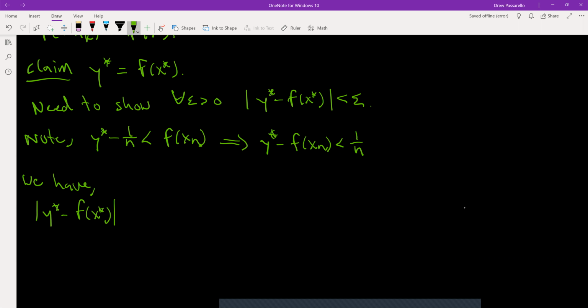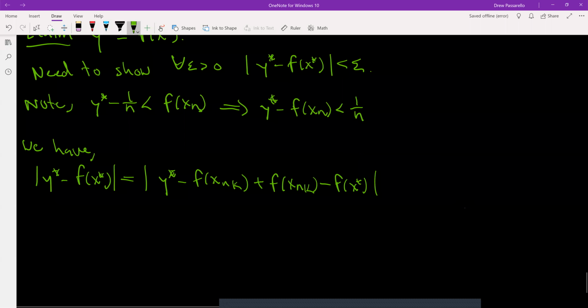is equal to, if we add and subtract, if we add 0 essentially, y star minus f of x_{n_k} plus f of x_{n_k} minus f of x star. So we just added 0.